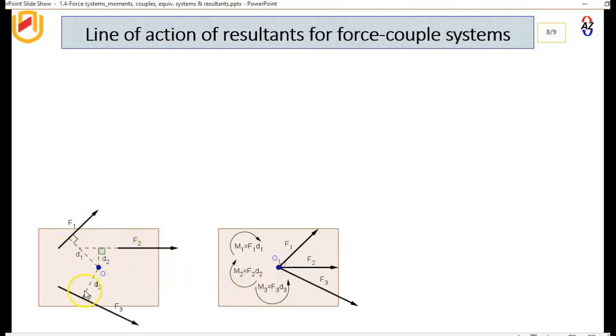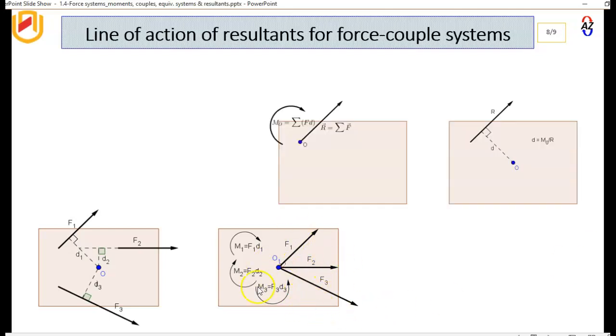If we add these three forces and place them at O, we get this system. We have the resultant of the three forces, and the vector sum resultant of these three moments.